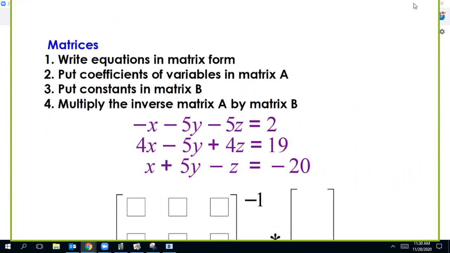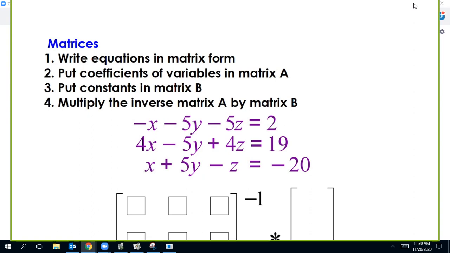Like I said, using your matrix rules that you learned the other day, we can rewrite this like all of the coefficients: negative 1, negative 5, negative 5, 4, negative 5, 4, 1, 5, negative 1.